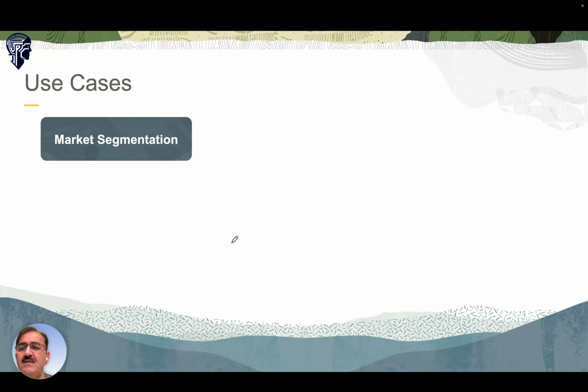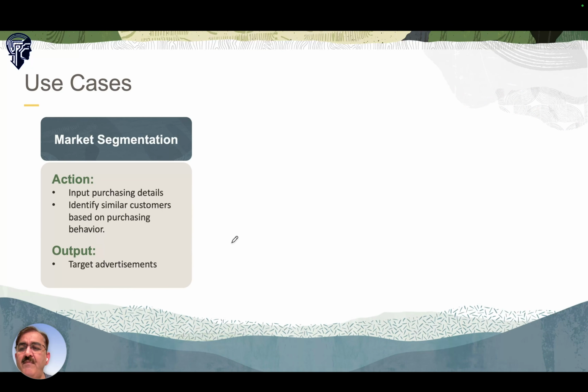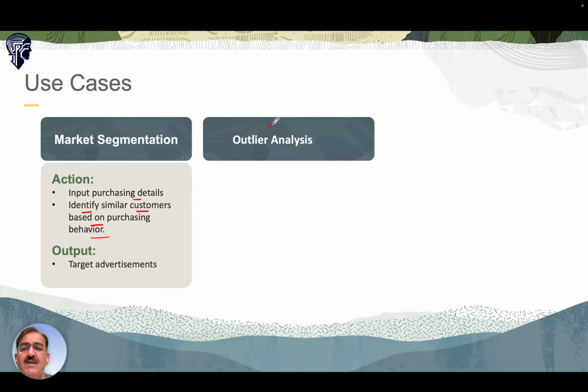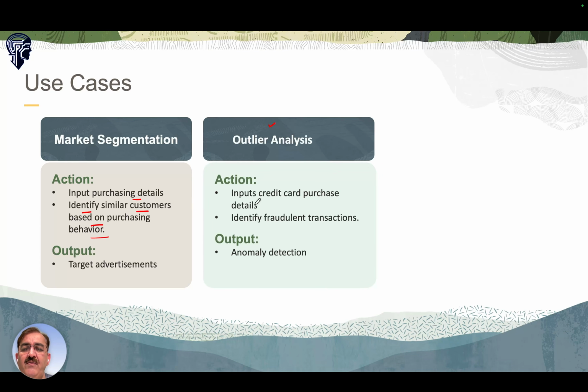The use cases of unsupervised learning: one is market segmentation, where we input purchasing details and identify similar customers based on purchasing behavior. The result is targeted advertisement for the customers. Second is outlier analysis, where we input credit card purchase details and identify fraudulent transactions.